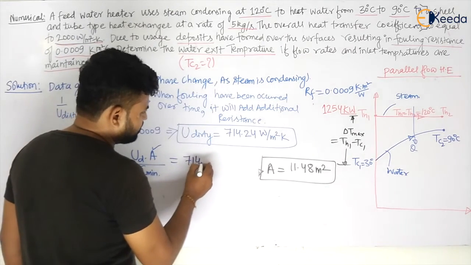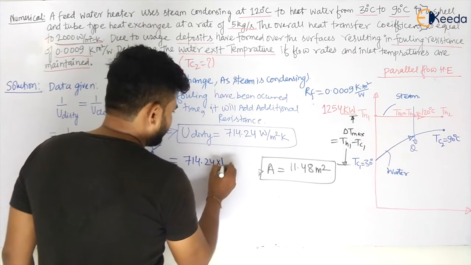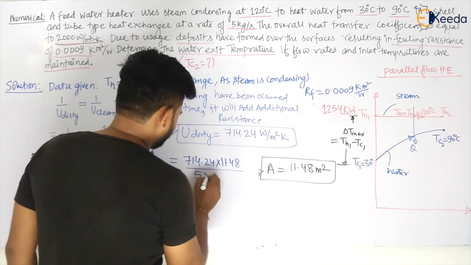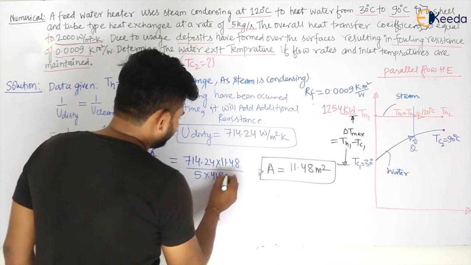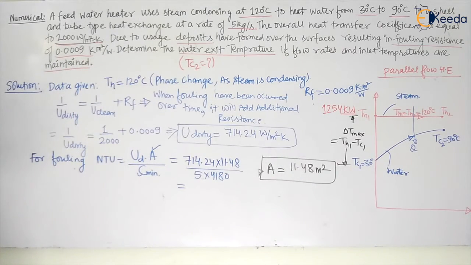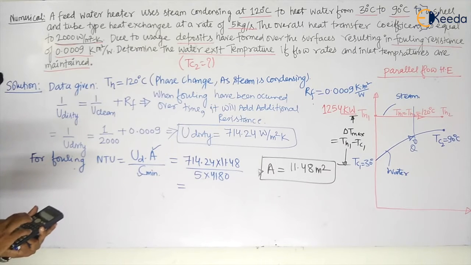U dirty will be 714.24 multiplied by the area, which is 11.48, my dear students, divided by C minimum, which is 5 into 4180. So we will have NTU. Let us see how much it will be. 714.24 into 11.48 divided by 5 into 4180, my dear students.